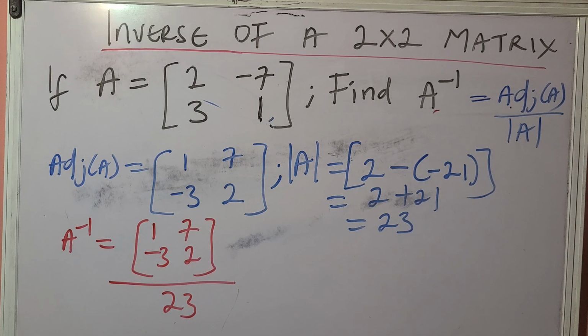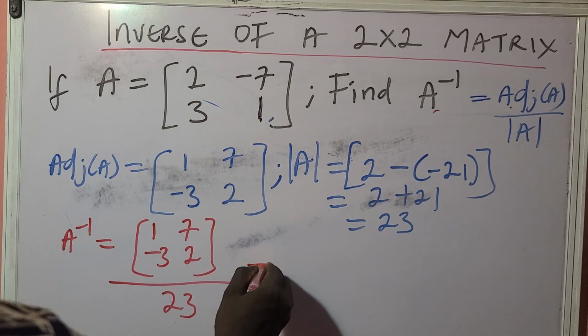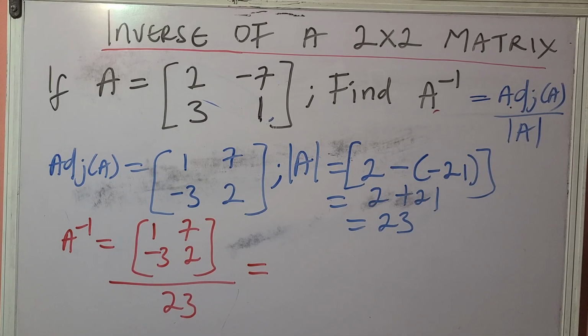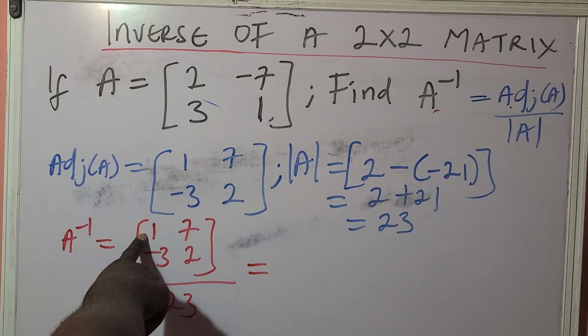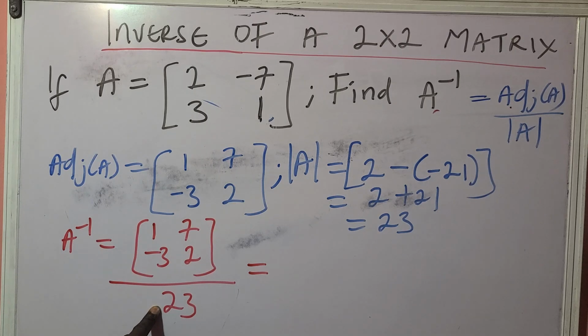All right, so this is a situation where we have scalar division, which I've explained in a previous video. So what you have to do here is to divide every element of this matrix by this scalar 23.